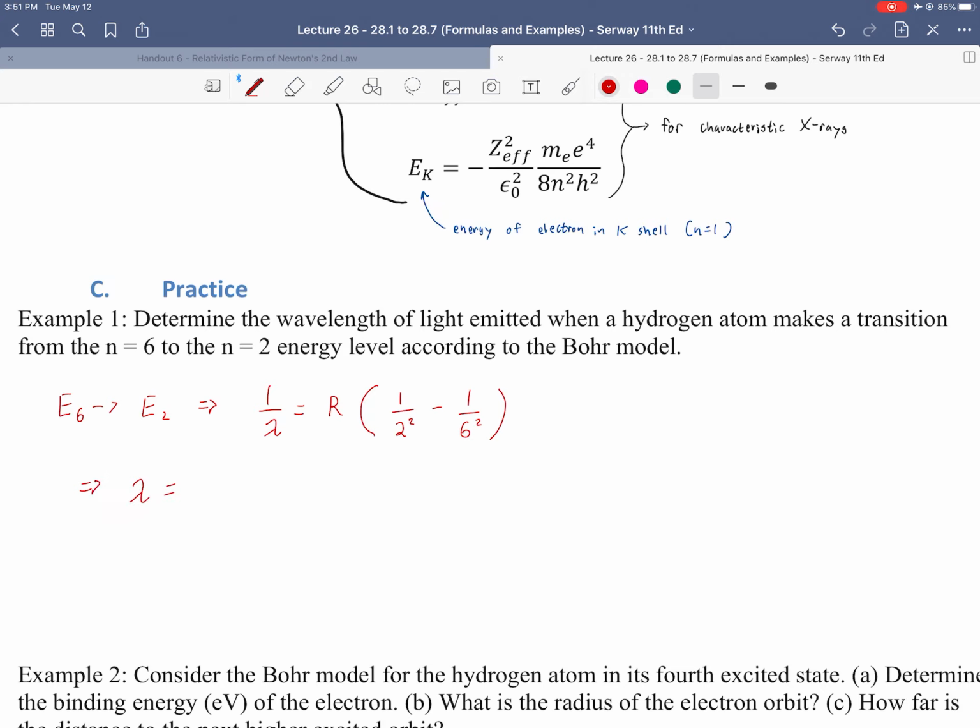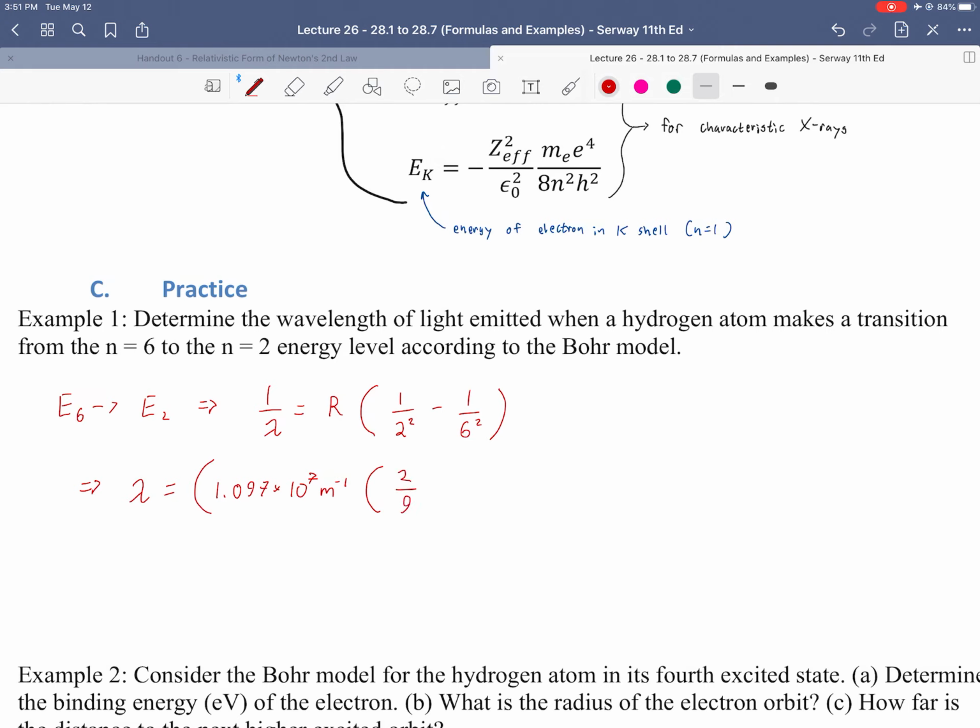So then if we solve for lambda, that would be the Rydberg constant, 1.097 times 10 to the 7 inverse meters, and then times 1/4 minus 1/36. Let's see what that is. All right, so 1 over 4 minus 1 over 36, because 6 squared, of course, is 36.